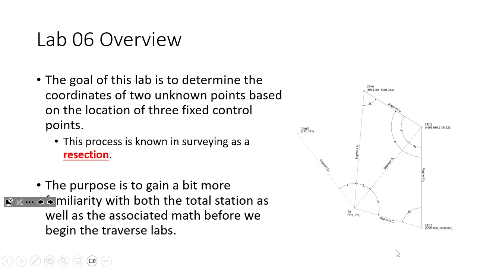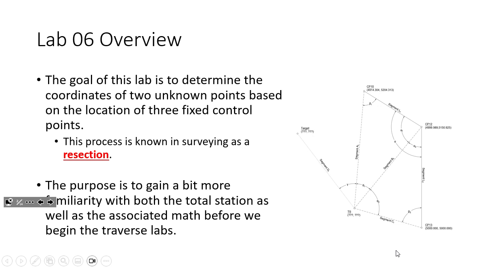We're going to use those coordinates combined with measurements that you're going to take in the field to determine the location, the X and Y coordinates, of your total station, and the X and Y coordinates of an unknown target. Okay? The idea is we're going to reference known coordinates in order to determine unknown coordinates. And that process is called a resection.